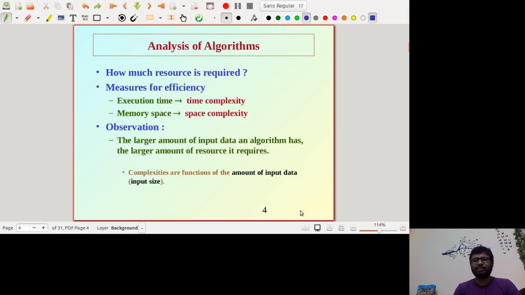So let's talk about computation time. The time required is generally an increasing function of the amount of input data. We will see some examples soon. Same is the case with space. As the size of the input data grows, your program is expected to take more and more space.